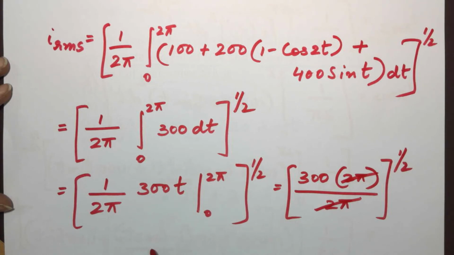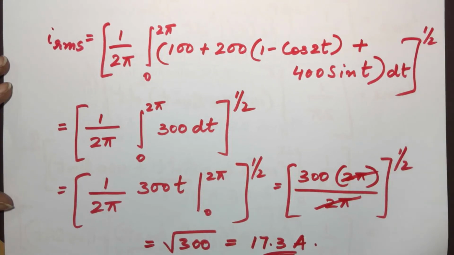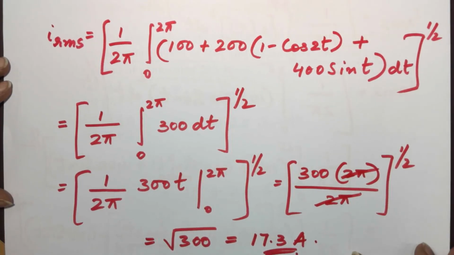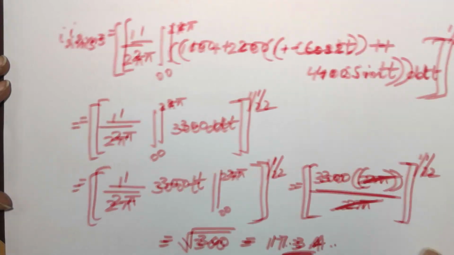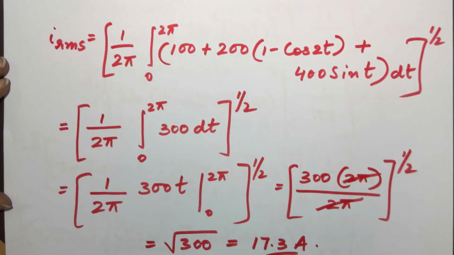So root 300 gives us a value of 17.3 amps. So 17.3 amps is the final answer, and that matches with option B. So for this question, the final answer is B, 17.3 amps.